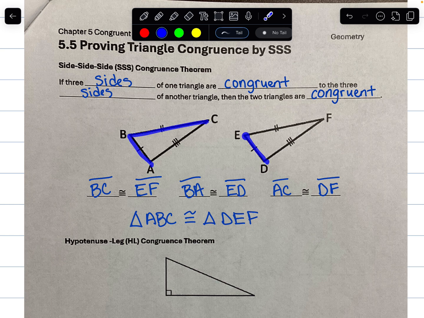ABC is listed the exact same way as DEF. Or you can think I went through a side with one mark, then through the side with two, so through one, through two to name triangle DEF. Okay? Simple enough? Truthfully, I think side, side, side is the easiest one because you can quickly identify if all sides are the same.